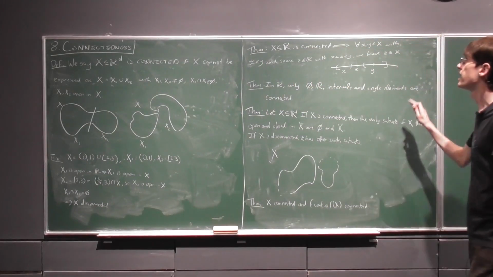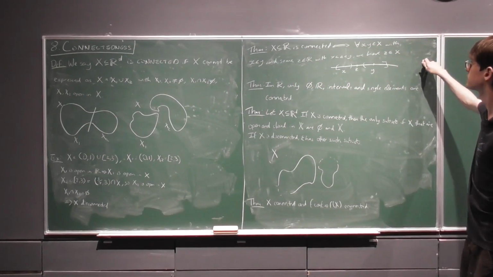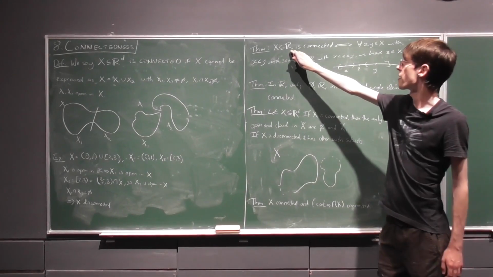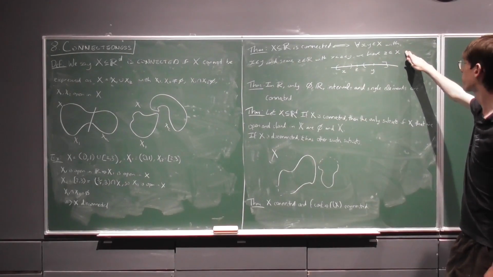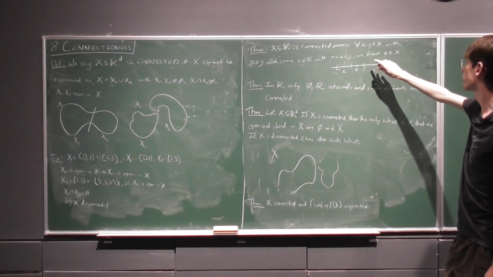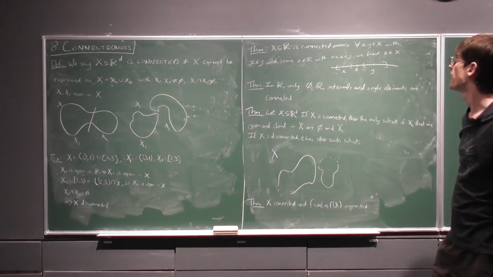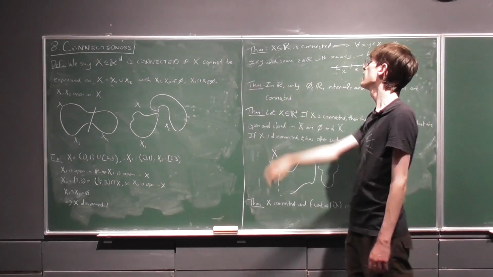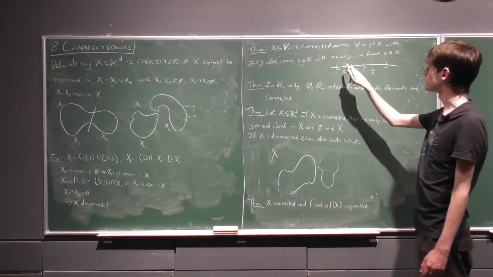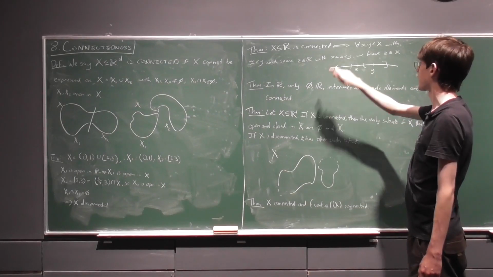In R, it's easy to think about connectedness because sets in R are connected if and only if they have what we call the intermediate value property or intermediate point property. So for any two points in the set where x is less than y, if we took some z in between the two of them, then that z would have to be part of it.